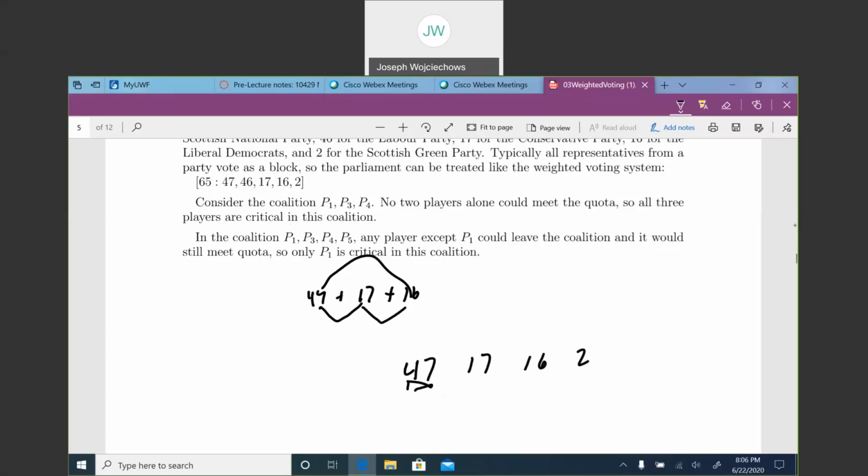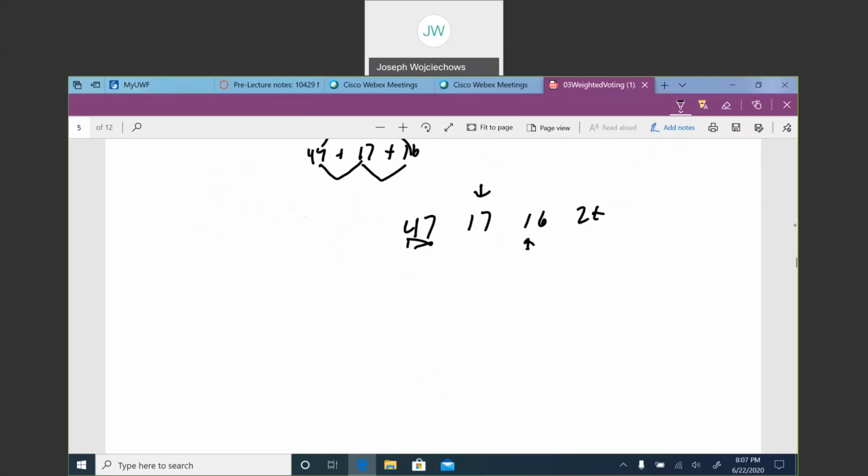So if P2 were to leave, we would still have 65, which is enough. If P3 left, we would still have 66, which is enough. And if P4 left, or P5 left, sorry, we would still have 80, which would be enough. So P1 is critical in this coalition. The others are not.